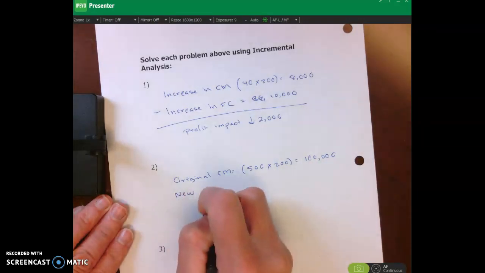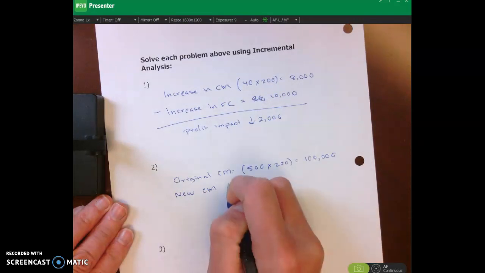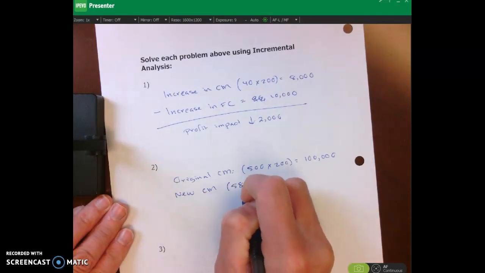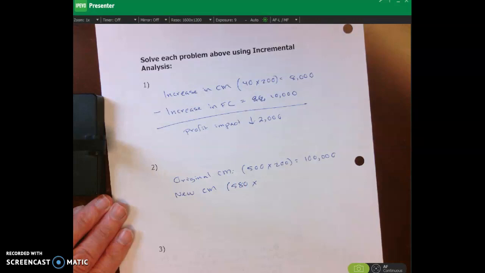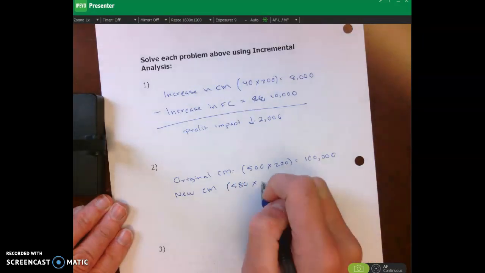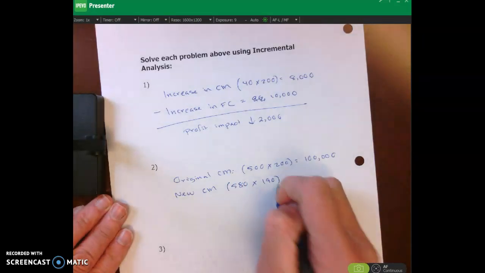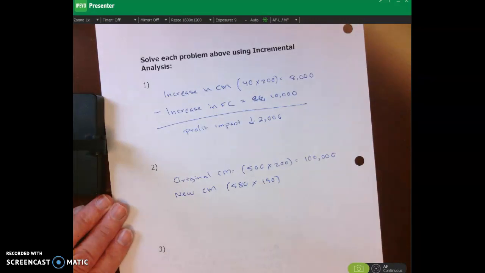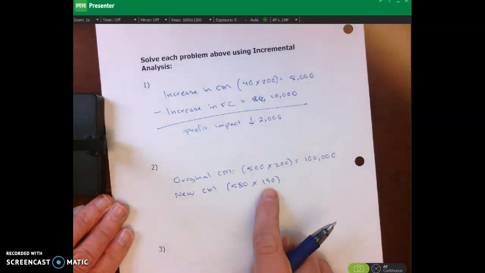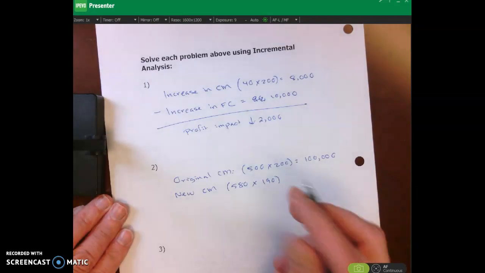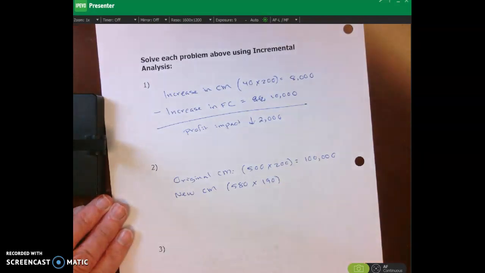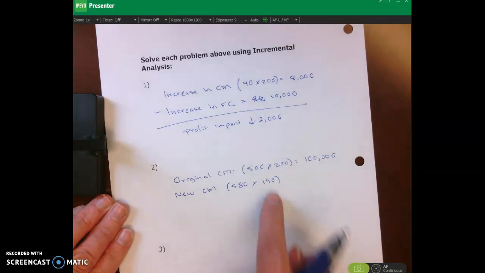Our new contribution margin is equal to our 580 units times, now our new contribution margin per unit is $190. Okay, it's $190, and I got that by taking my sales price minus my variable expenses per unit.